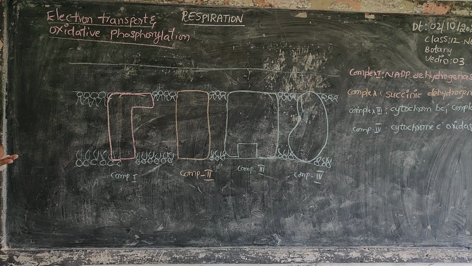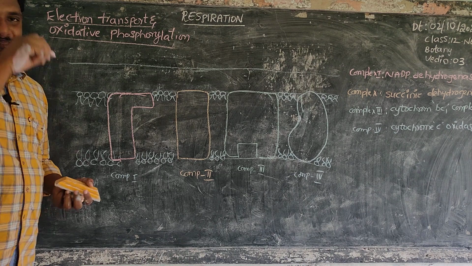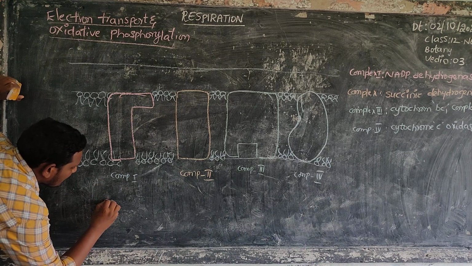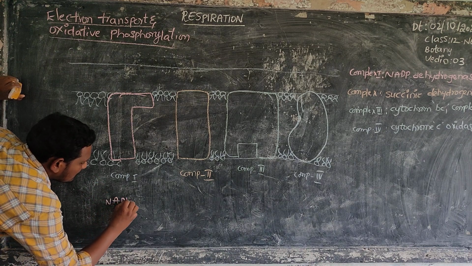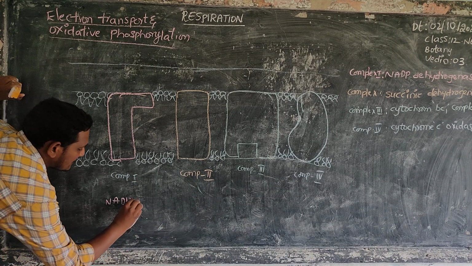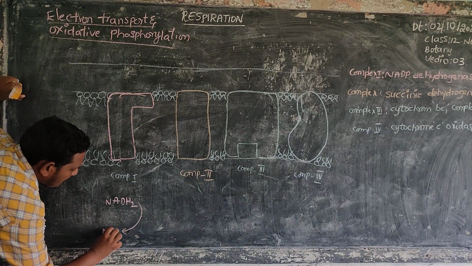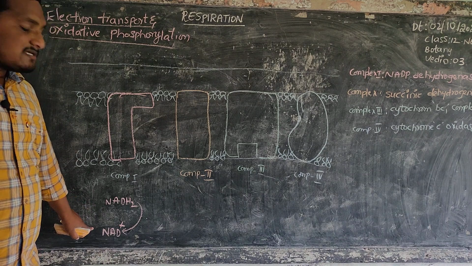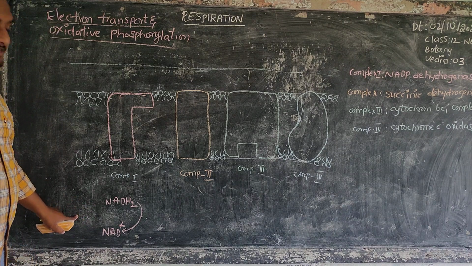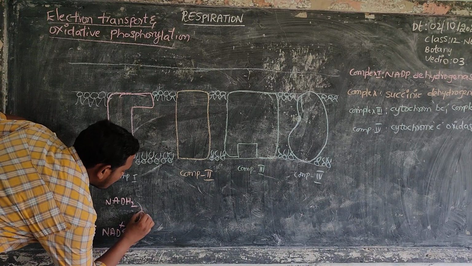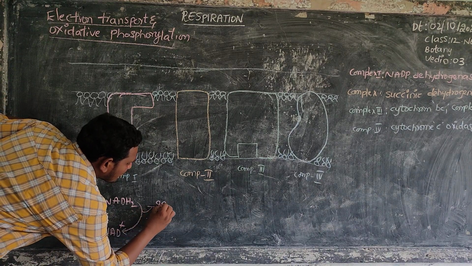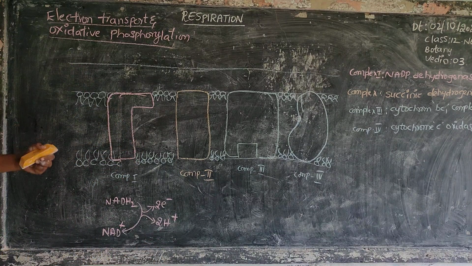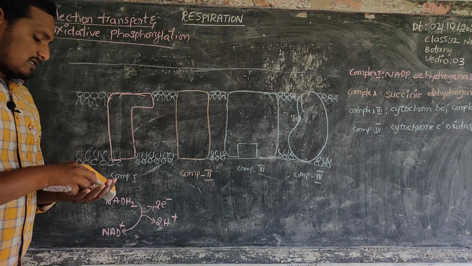So in this first complex, what will happen? NADH2 is reduced to generate NAD plus, and releases a pair of electrons and a pair of protons.